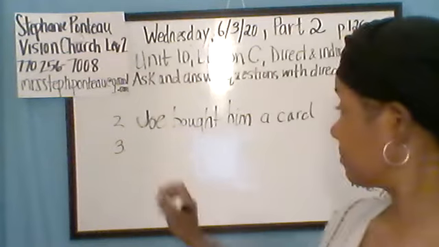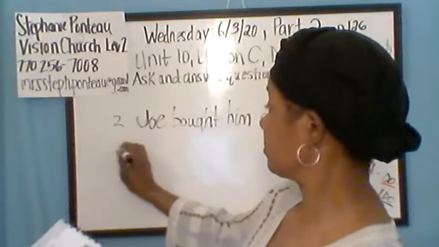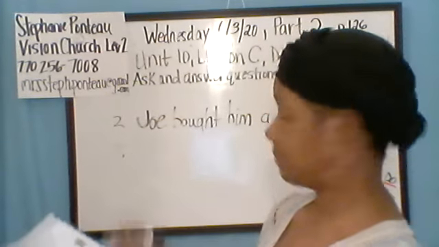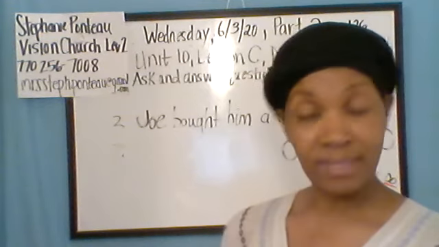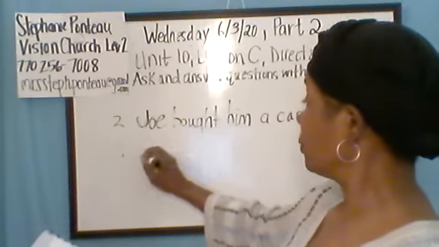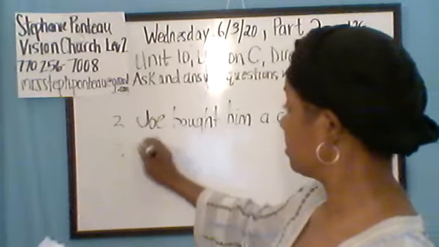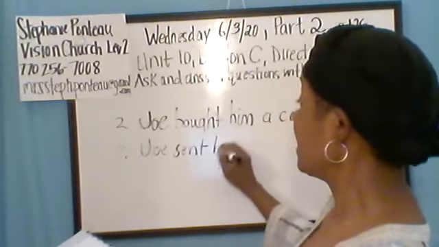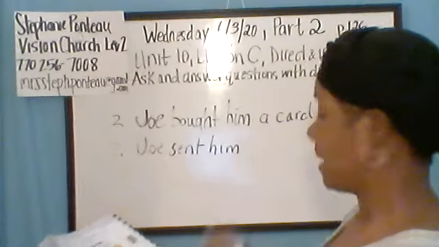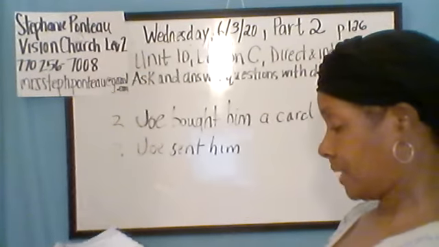Number 7, what did Joe send David? Joe sent him, the pronoun says David is a male, some money.